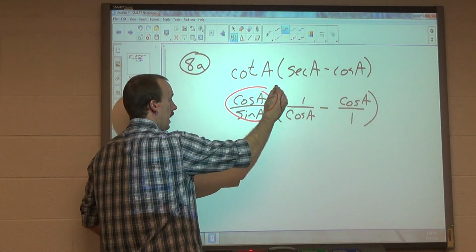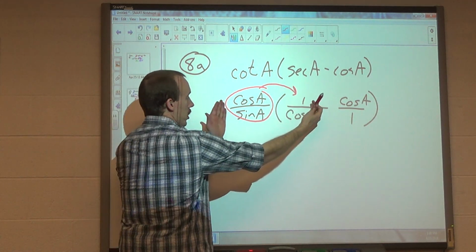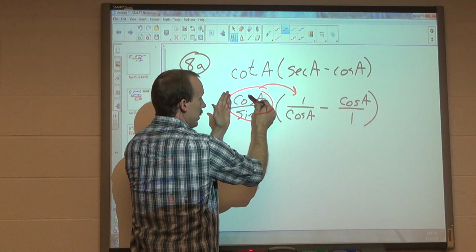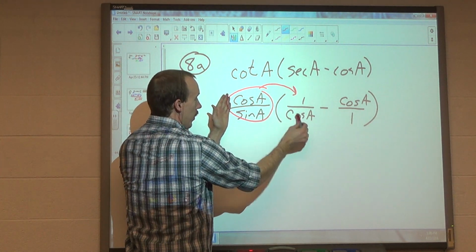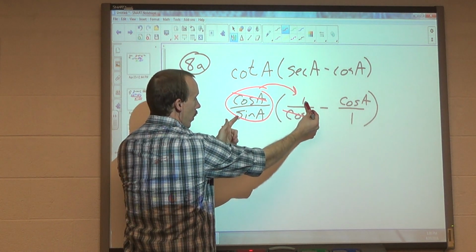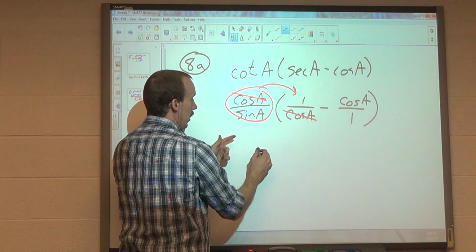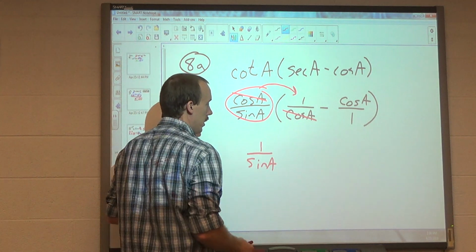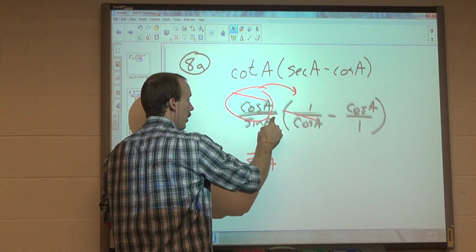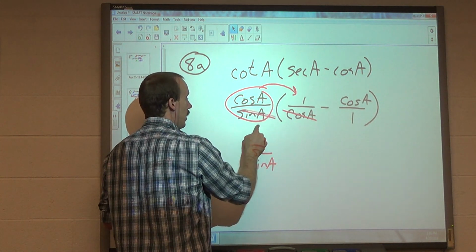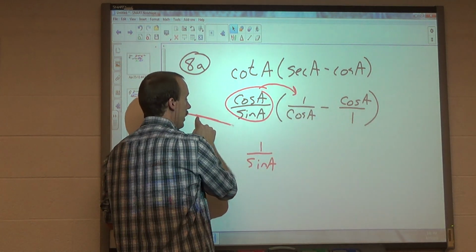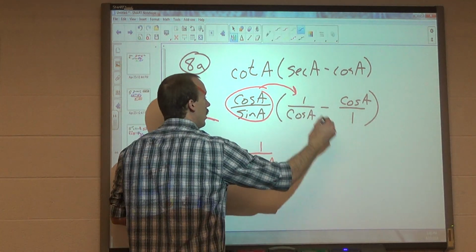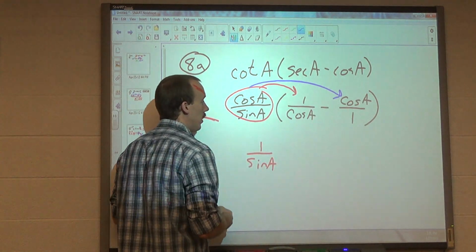So let's distribute this in here. When I multiply these 2, what happens with these cosine A's? They cancel out, right? And now what am I left with? 1 over sine A. Now let's distribute to this one.